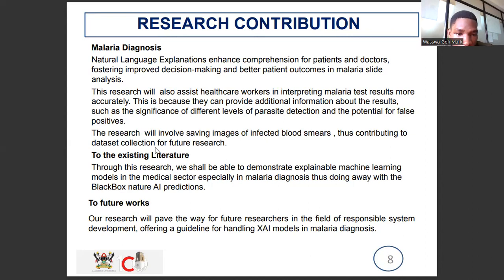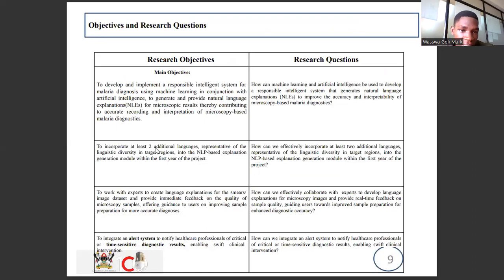To the existing literature review, we shall be able to demonstrate explainable machine learning techniques in the medical sector, especially under malaria diagnosis, as we are doing away with black box models, which are in existence currently.